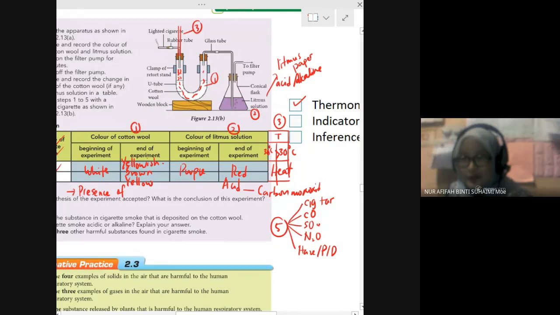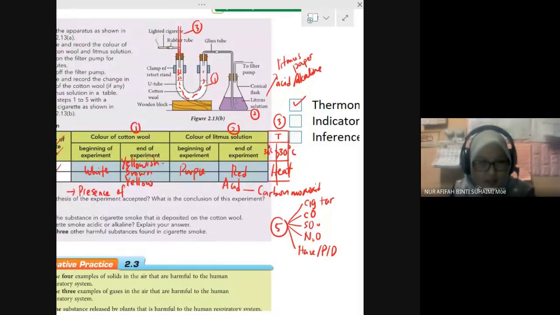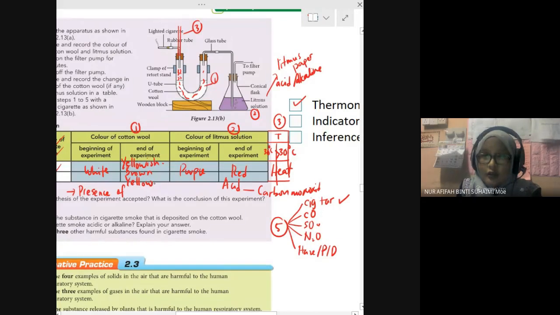This is an easy question. What causes your lungs to turn black? It's supposed to be cigarette tar, the tar contained in cigarette smoke. This cigarette tar will turn your lung black or brown, because this cotton wool represents your lung.